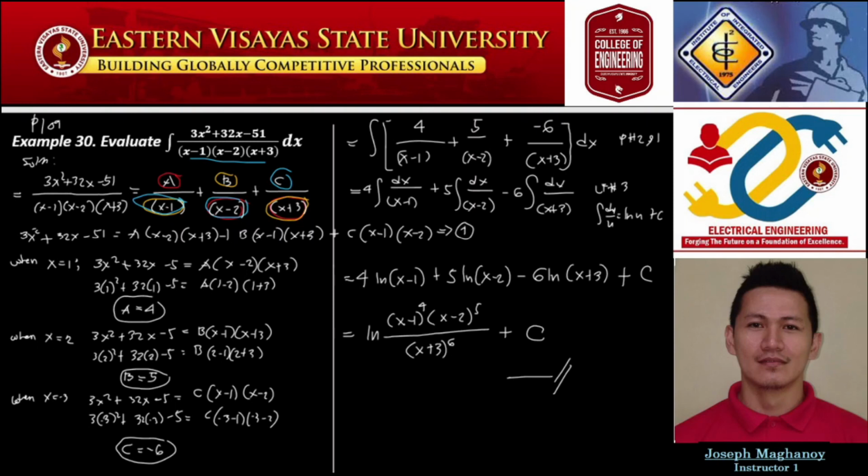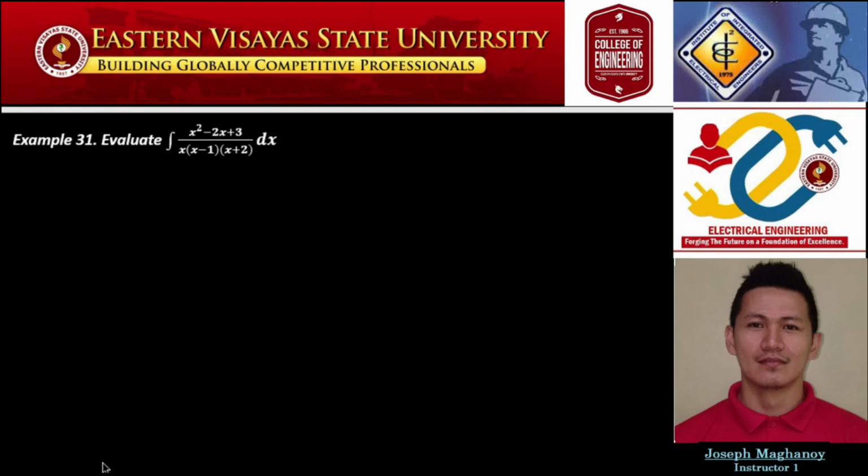Okay, moving on to your next example. Still under case number 1, example number 31: evaluate the integral of x squared minus 2x plus 3 all over x, quantity x minus 1, times quantity x plus 2, dx.